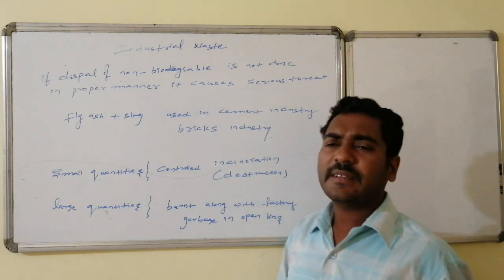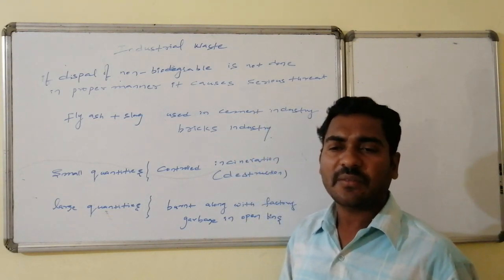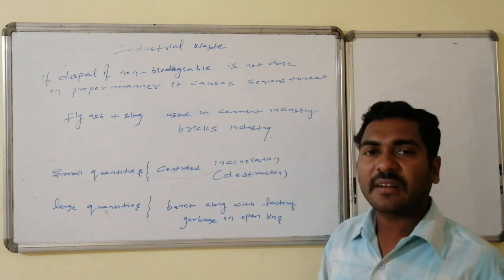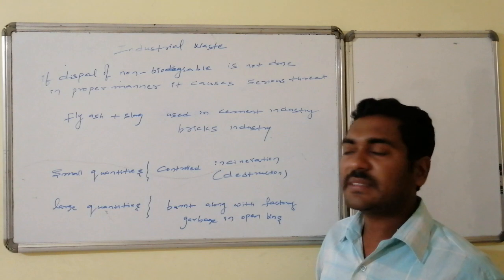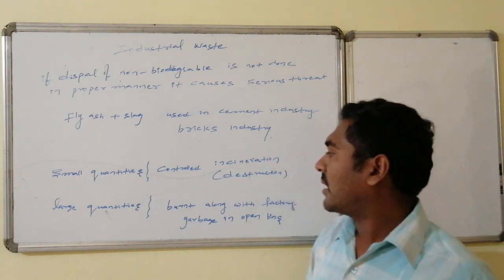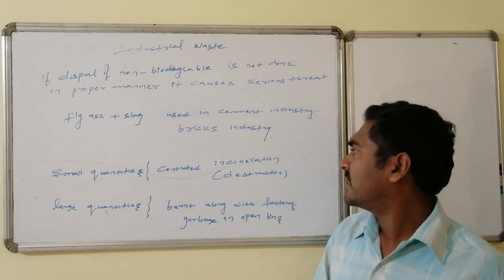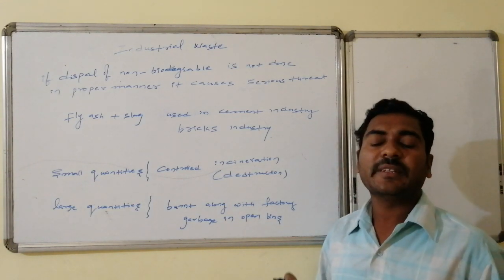Small quantities of non-biodegradable industrial pollutants are generally burnt along with the factory garbage in open areas, in open bins, whereas for large quantities, controlled incineration, that is, controlled destruction, is applied.